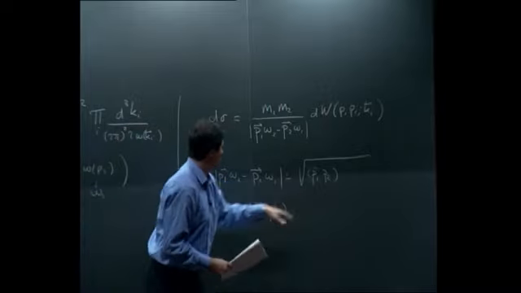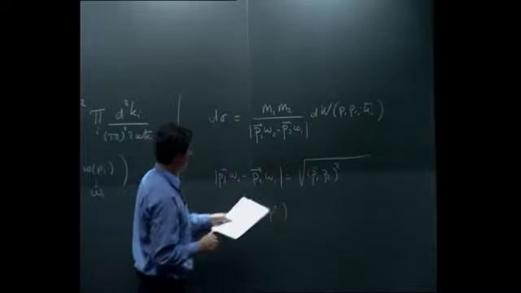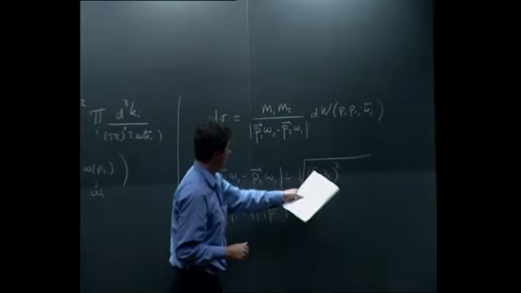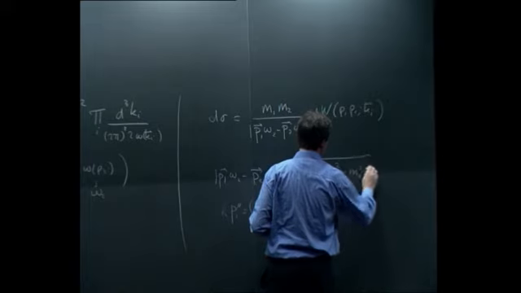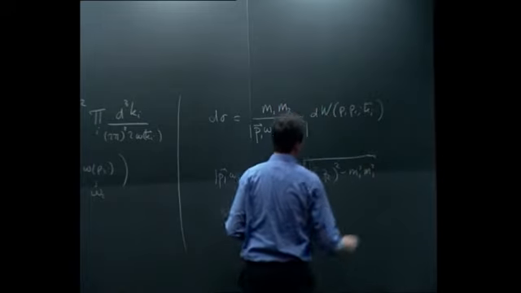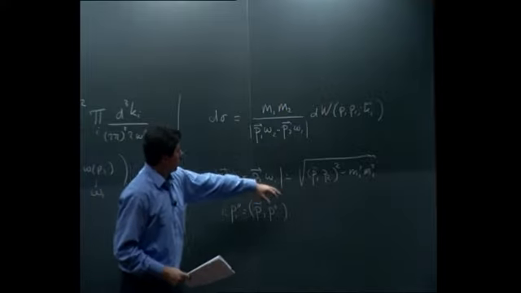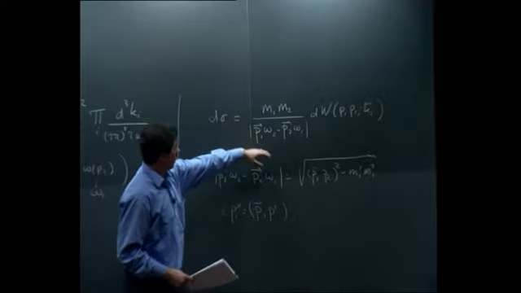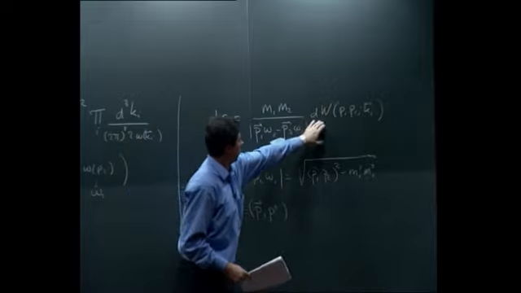Then you can write this in terms of the inner product in Minkowski space of P1 and P2 squared minus M1 squared M2 squared. So sometimes you'll also find this expression to relate the cross-section to the transition amplitude dW.